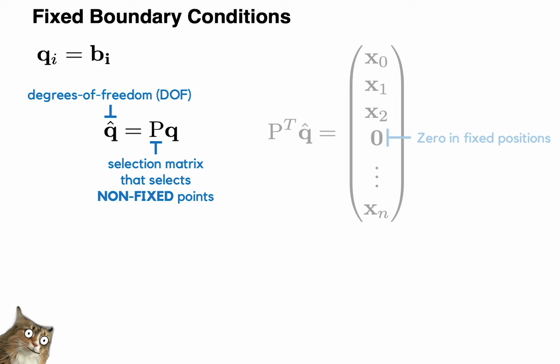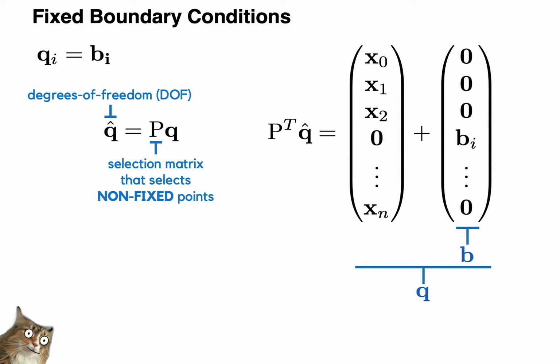We can build P, which will select these non-fixed points from the full vector of generalized coordinates, Q. From our discussions on assembly, we know that multiplying by the transpose of a selection matrix assigns values from a compact vector to a larger vector. In this case, multiplying Q hat by P transpose builds a vector that looks exactly like our original vector of generalized coordinates, but has zeros in the positions assigned to fixed vertices.